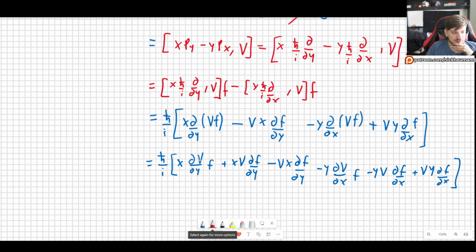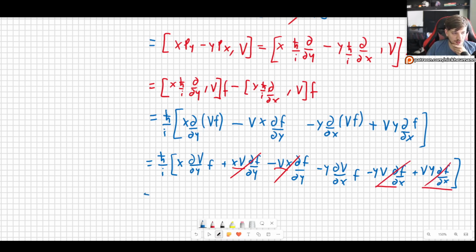So x dv dy f, xv minus vx, xv. V is simply a function of r, and r is a function of the coordinates x, y, and z. So x and v simply commute, so you can change the order, and this will cancel out. Similarly, this and this will cancel out, so that and that cancel out.